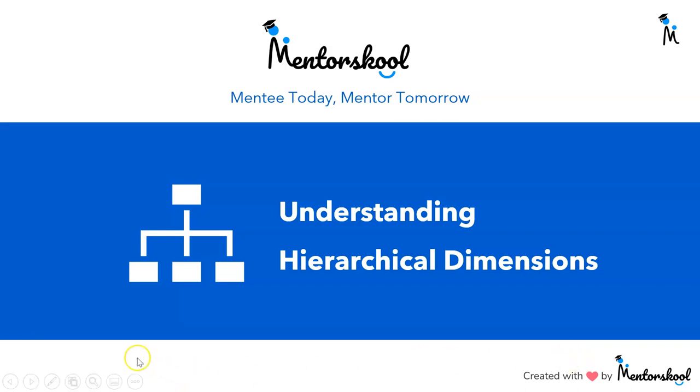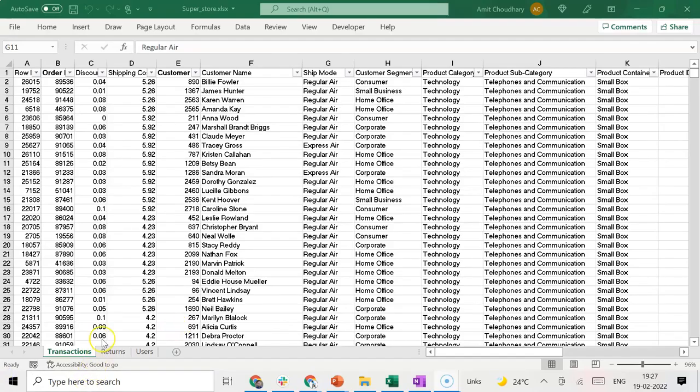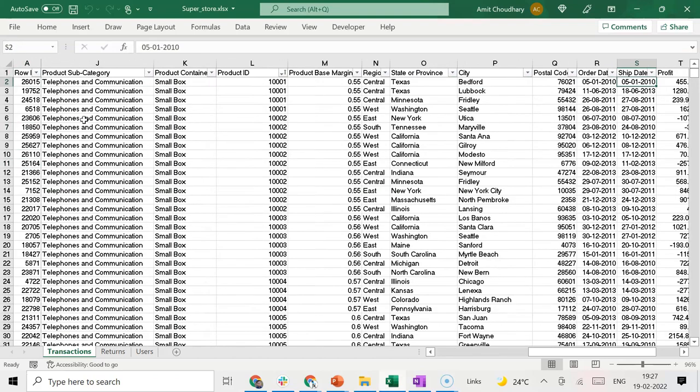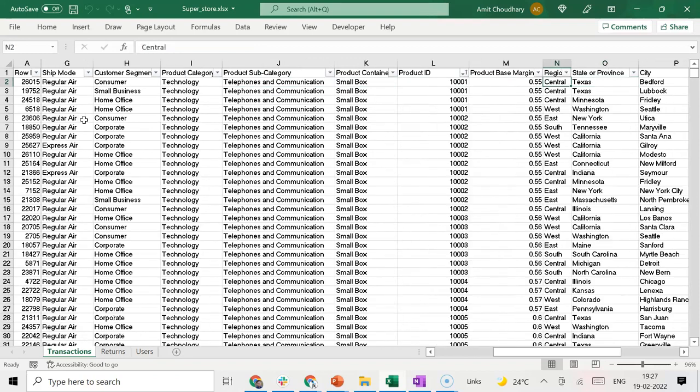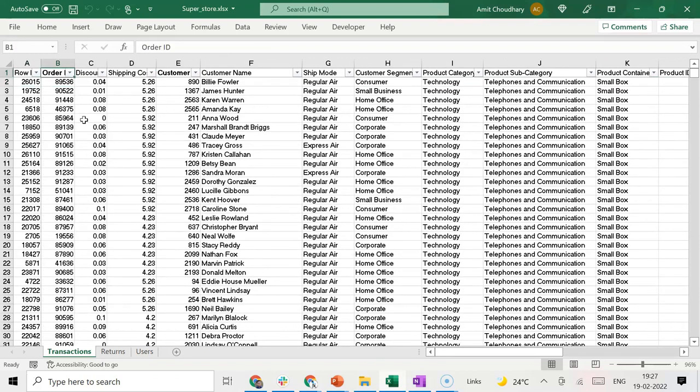Understanding hierarchical dimensions. To understand hierarchical dimensions, let's look at an example. We look at this data set which has information at transaction level, where you have a given product under a given order placed by a given customer.